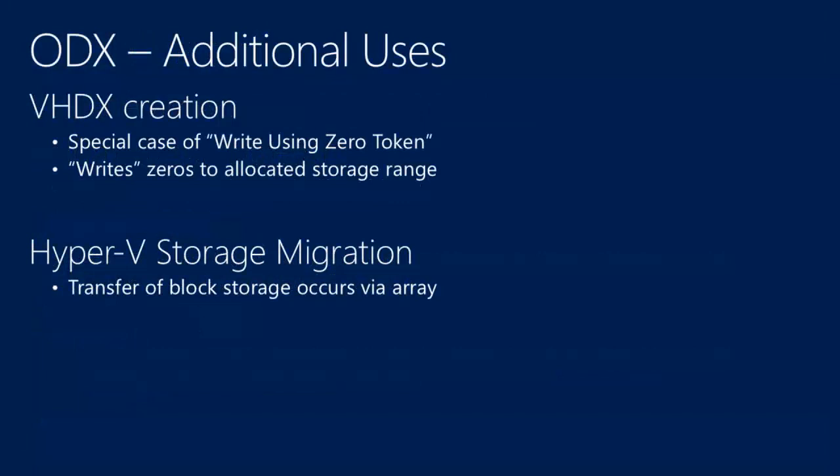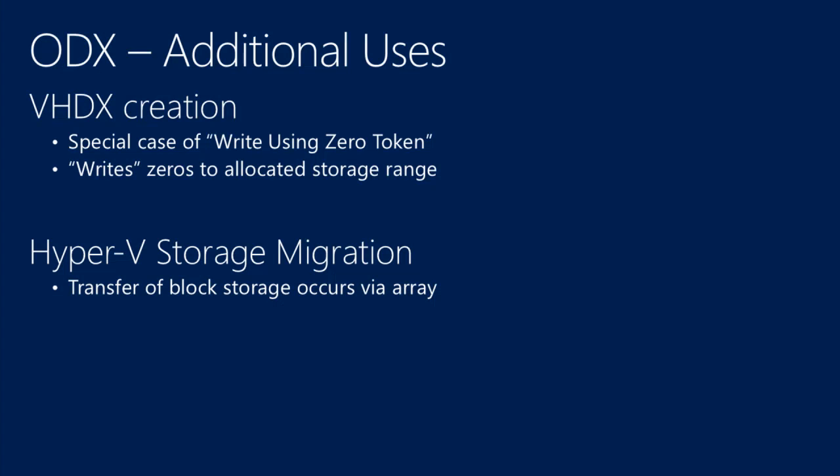So we talked about the fact that there was some integration with virtual machines, and specifically VHDX. There's a special ODX operation called a write using zero token. VHDX, for those of you hopefully familiar, this would be the third thing, use VHDX.